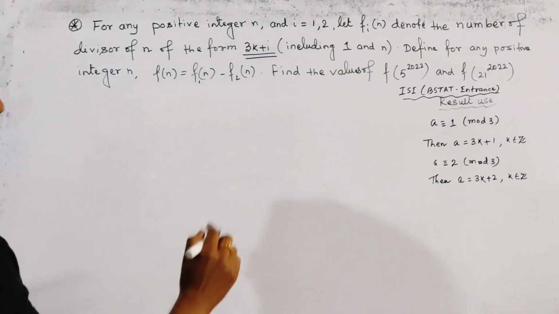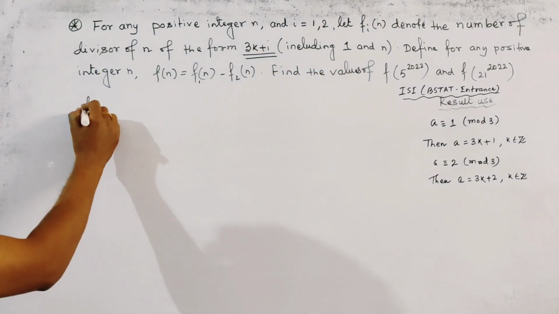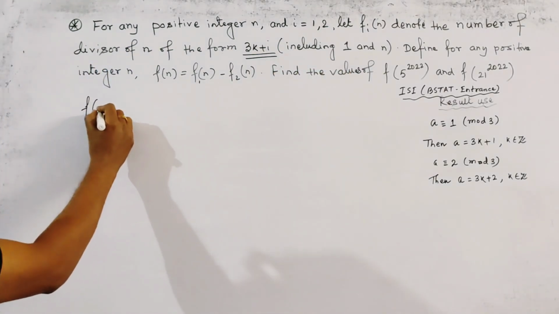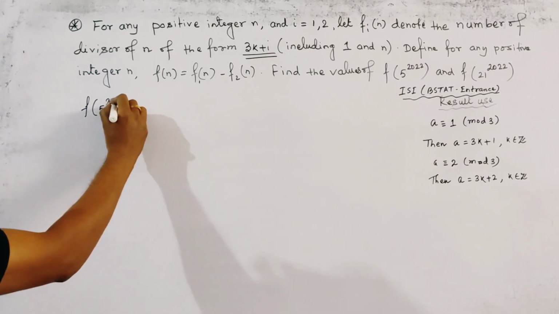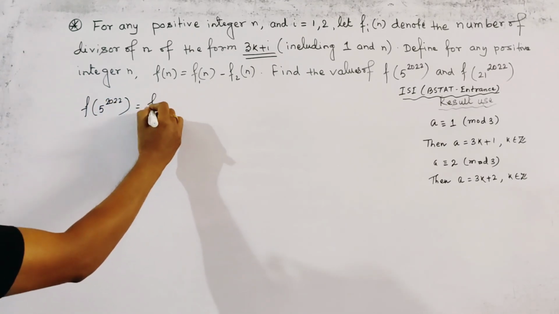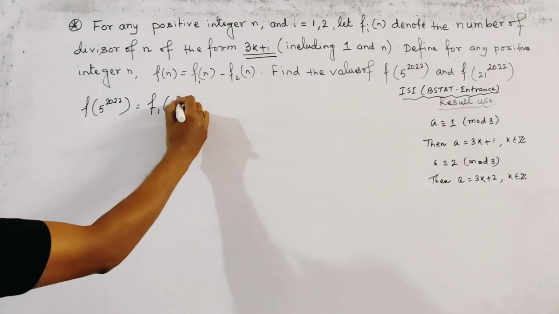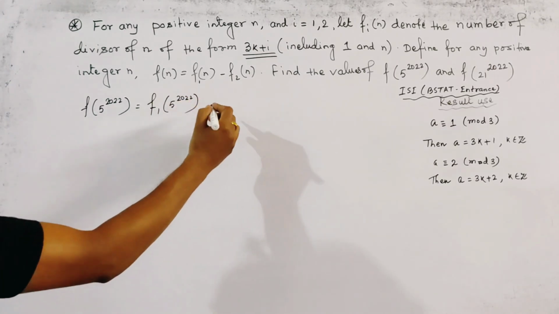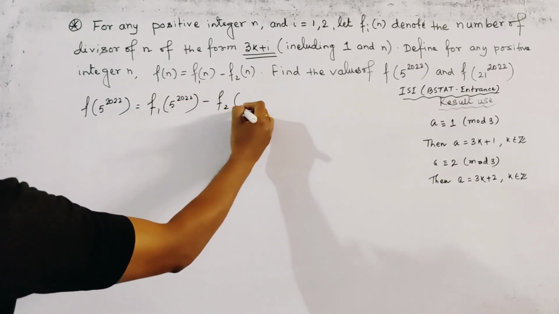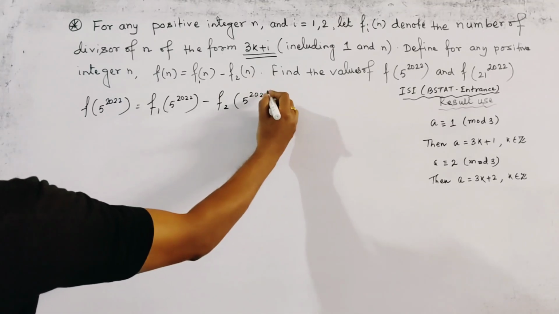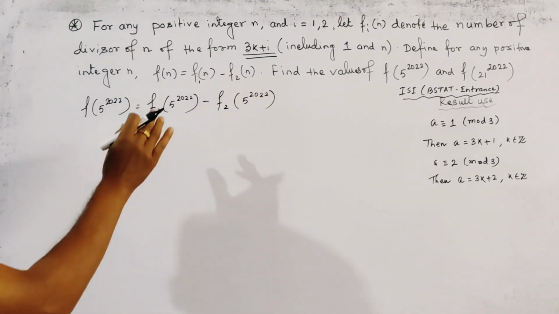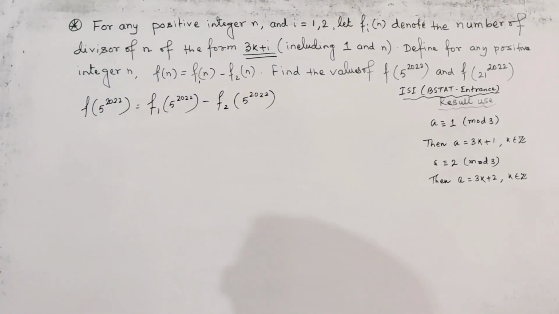So we have to find the value of f of 5 to the power 2022 first. This is given by f_1(5^2022) minus f_2(5^2022). We first find this value.